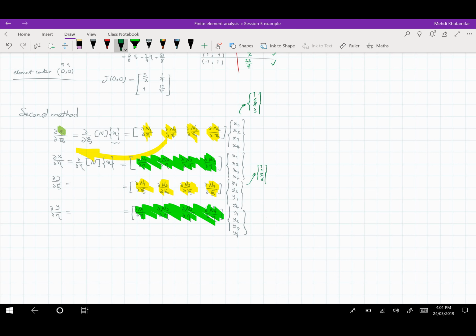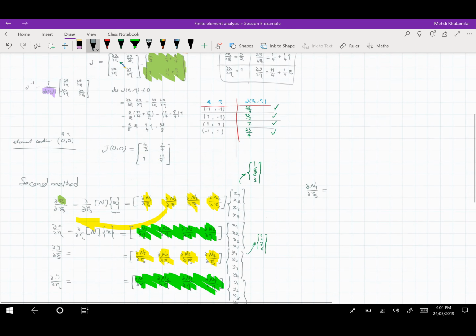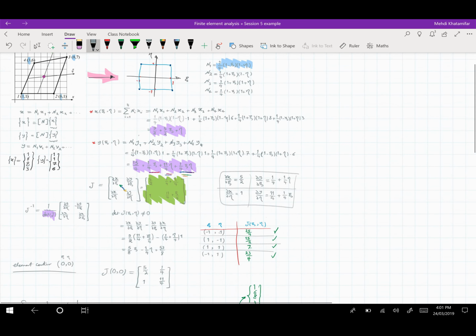So let's find the derivative of n1 over psi. Let's check what the formula for n1 was.